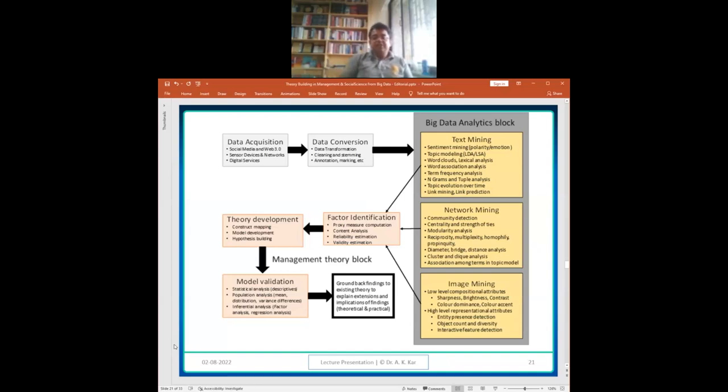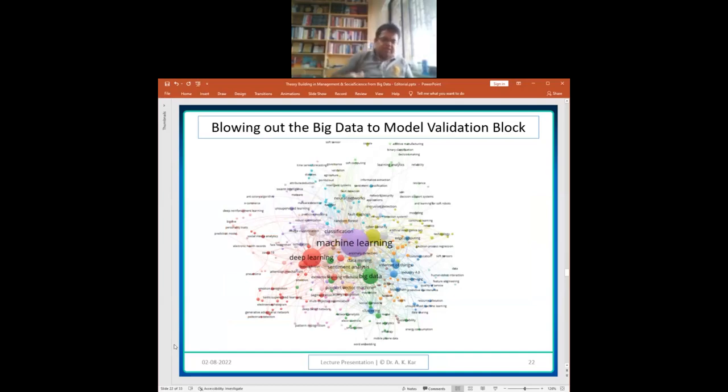So just to build up the big data model block, it consists of methods like deep learning, ML methods which can do classification, then methods like support vector machine, Bayesian networks, unsupervised learning, and all these different methods.